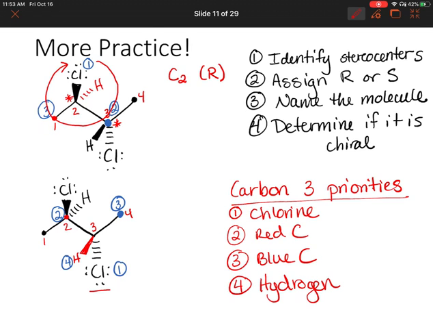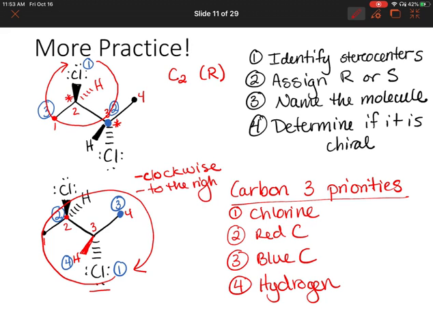Okay, so let's draw our circle going from 1 to 2 to 3. So if this was a steering wheel, we're moving it towards the right in a clockwise direction. So is that R or S?